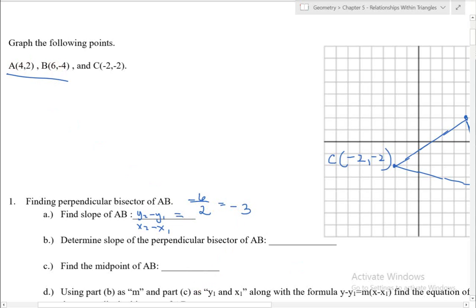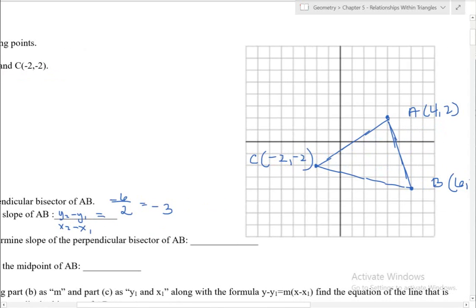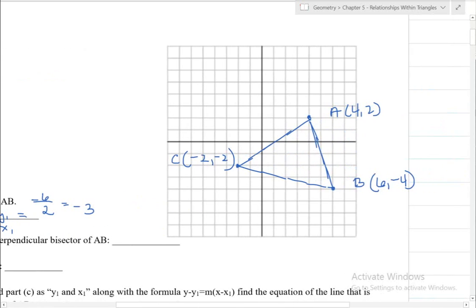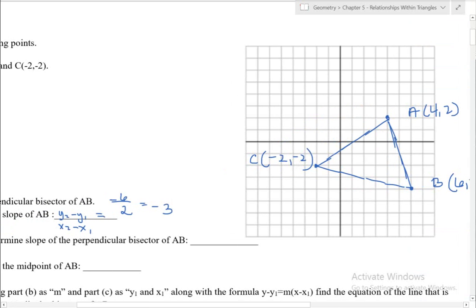So we get -3, right? I think it's a good idea to double check that because we've got it graphed. So let's see what our rise over run is. Down 1, 2, 3, 4, 5, 6. So down 6, so -6. And to the right, 1, 2, so +2. So -6 over 2 does give me -3.